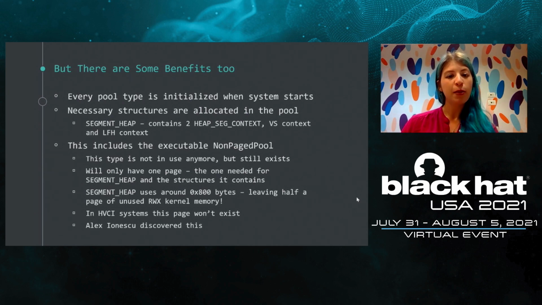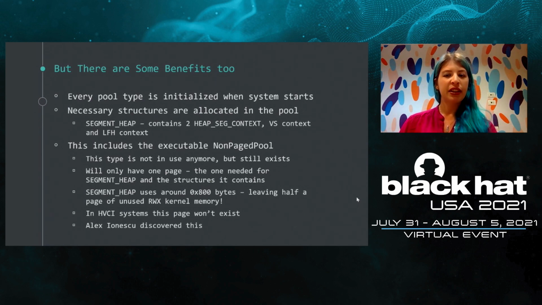In most systems, it's not used anymore, but since the pool type still exists, there is still a segment heap for it. And because there is a segment heap for it, we need to have at least one page of executable non-paged pool to allocate the segment heap in. So if you know where to find it, there is still one read, write, execute page in the kernel.